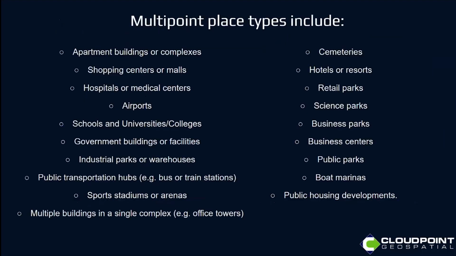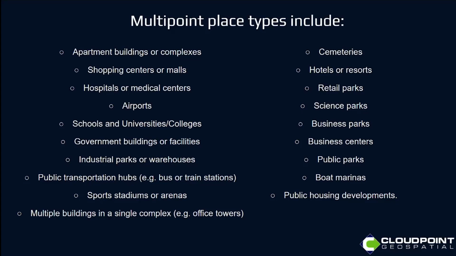So what are multi-point place types? There are a lot of them. In general, they are places that really deserve multiple address points, or using those sub addresses to help responders know where they're going more accurately. So apartment buildings, schools, obviously schools are a hot topic and would be very useful.